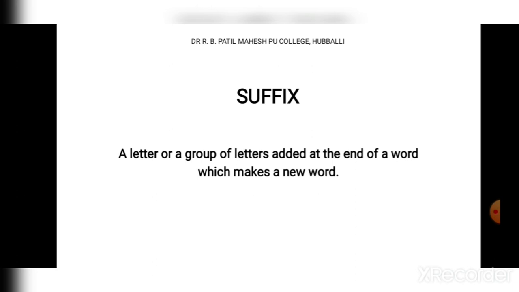So prefix is used before the root word. Suffix is used at the end of a root word. The examples are many, but I have jotted here a few. Age, al, wise, ment, ness, ship, ly, full, less, etc.